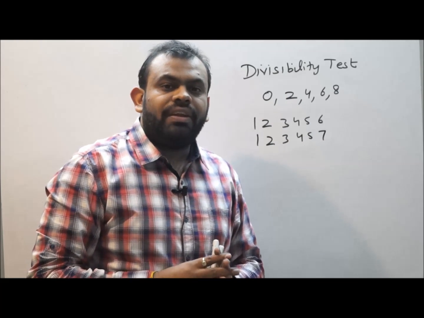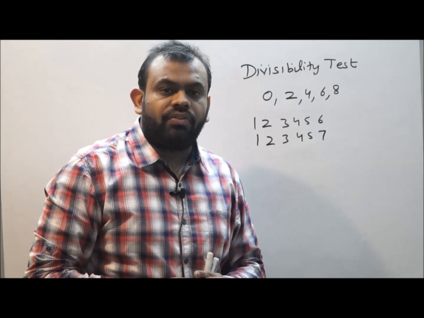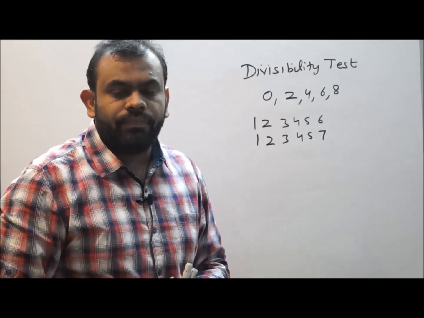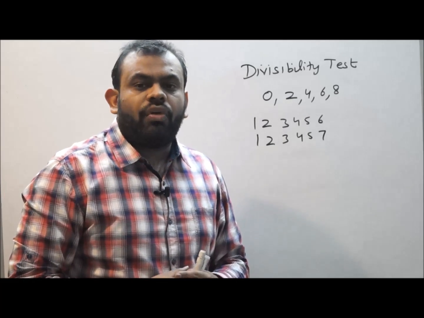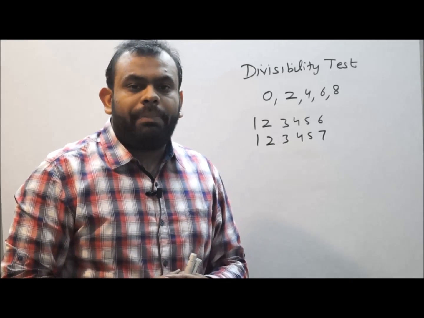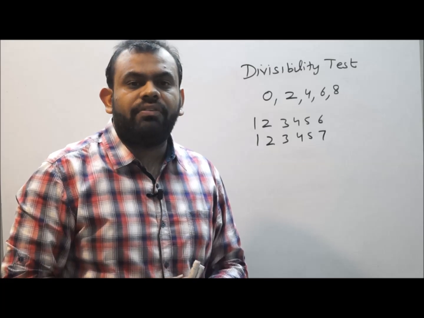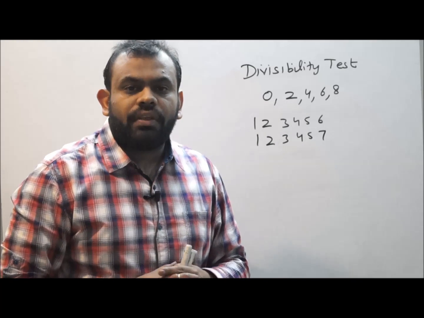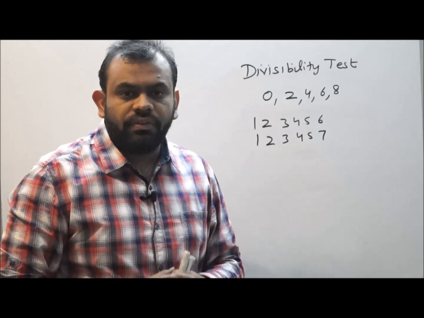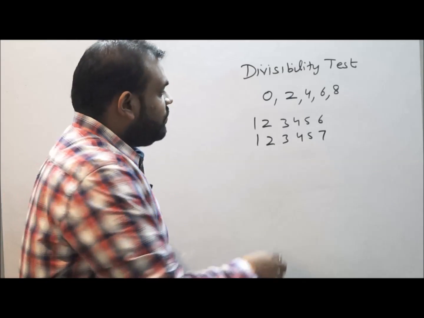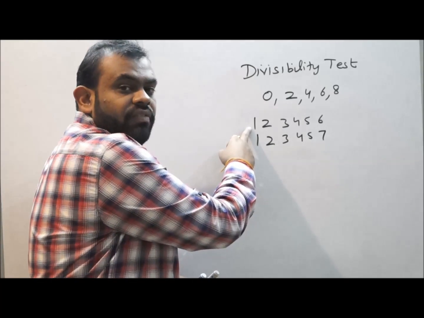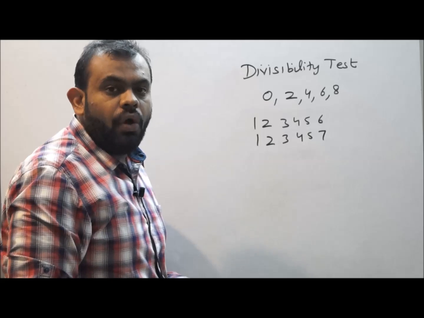Moving on to the next divisibility test, that is divisibility test of 3. For divisibility test of 3, the simple rule that applies is that the sum of digits should be divisible by 3. Let us take this example only and check whether it is divisible by 3 or not.